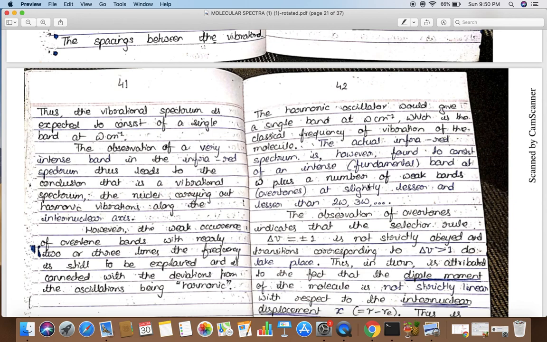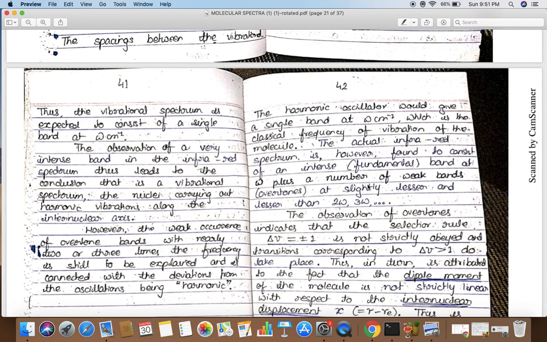The actual infrared spectrum is, however, found to consist of an intense fundamental band at omega plus a number of weak bands, called the overtones, at slightly less than 2 omega or 3 omega.